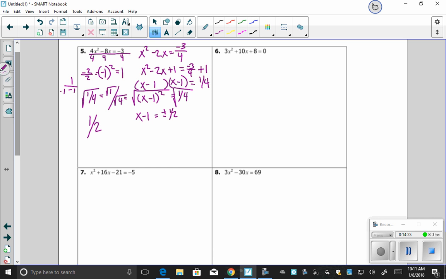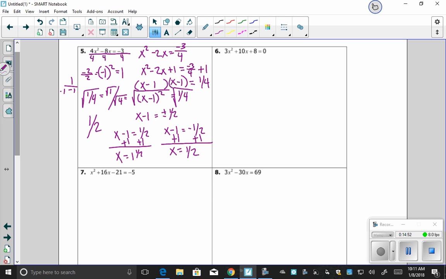Split it up. X minus 1 equals 1/2. X minus 1 equals negative 1/2. Add 1 to both sides, and you get x equals 1 and 1/2. Add 1 to both sides, and you get x equals 1/2.